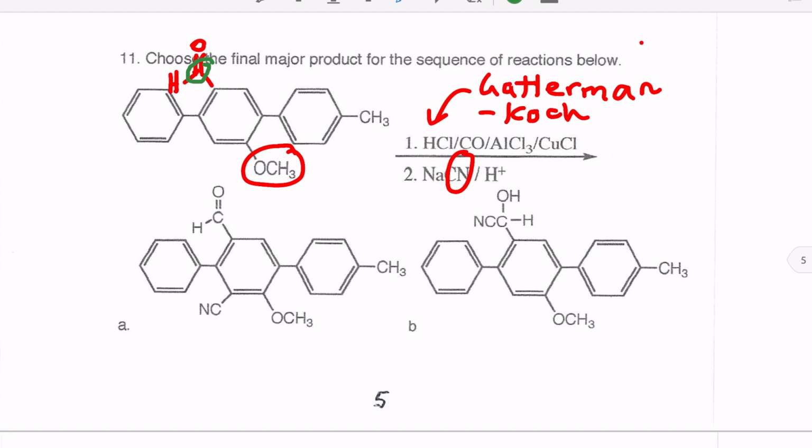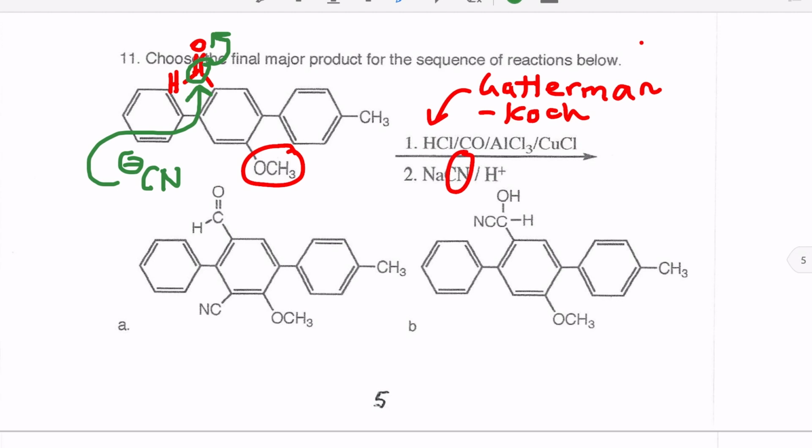So that's going to happen, and when you add that cyanide ion, let me just try it right here. Once it attacks the carbonyl carbon, the electrons in the pi bond are going to go up to the oxygen atom, and we will get a negatively charged oxygen with the cyanide ion attached.